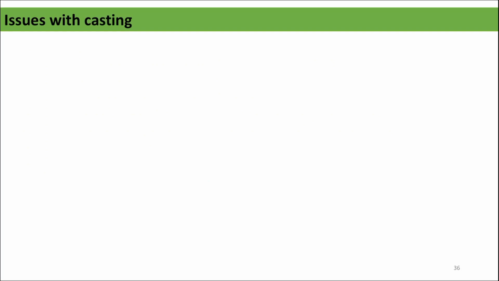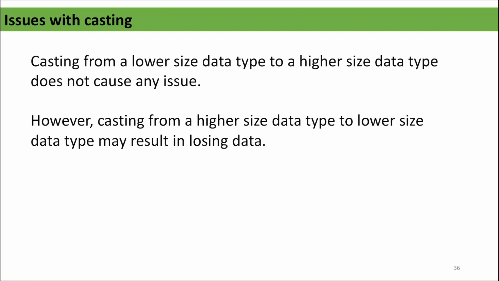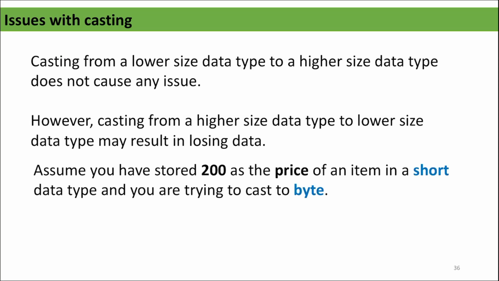There are issues with casting, as I said. If you cast a higher data type to a lower data type, you will get issues. We'll see an example here. So higher to lower there are issues, but lower to higher there are no issues. Assume you have the number 200 in the price.